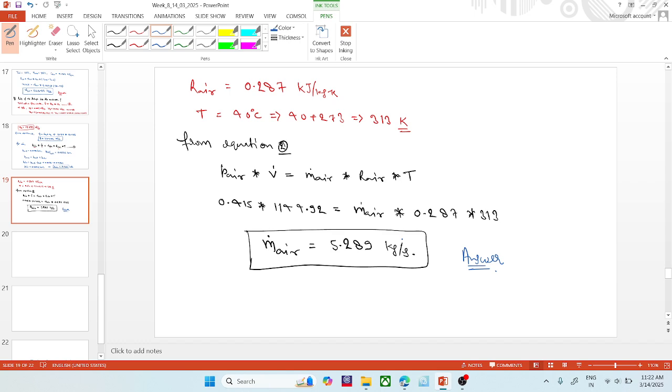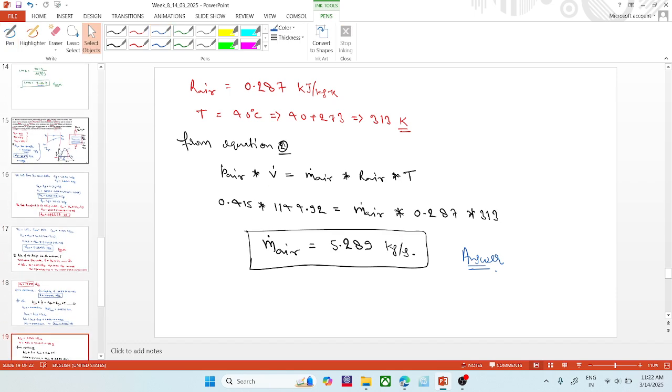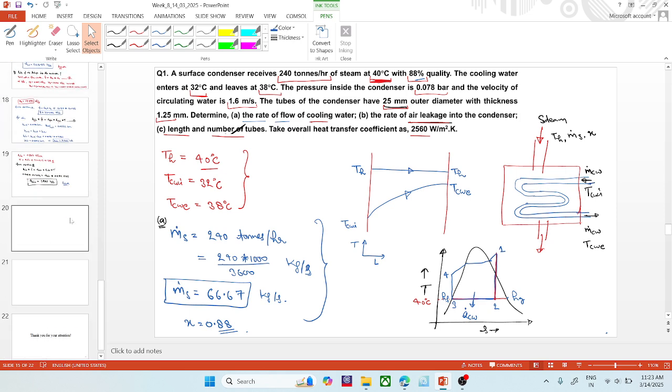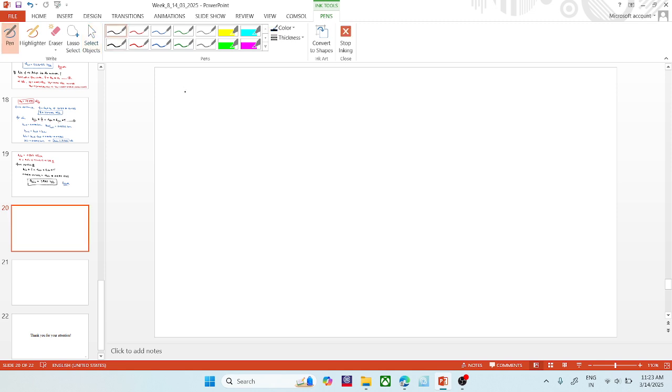So part A and B we have solved. Now in part C we have to determine the length and number of the tubes while the overall heat transfer coefficient is provided. For part C, we will need the overall heat transfer coefficient U, which is 2560 watt per meter square Kelvin.